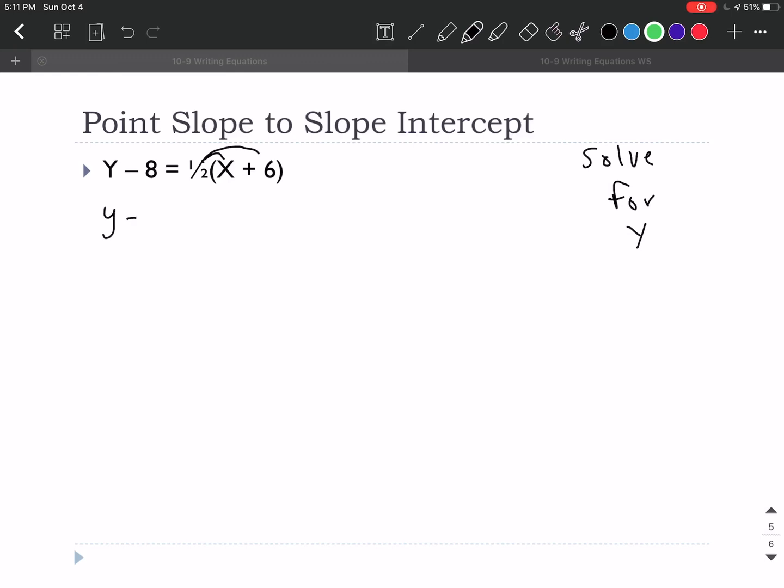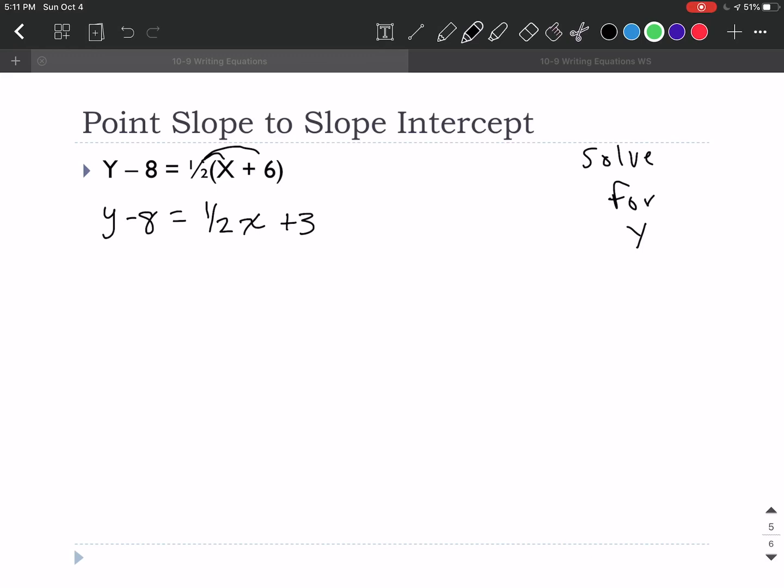So I have y minus 8 will equal 1/2 x, and then 1/2 times 6 is 3. So half of 6 is 3. So I have y minus 8 equals 1/2 x plus 3.